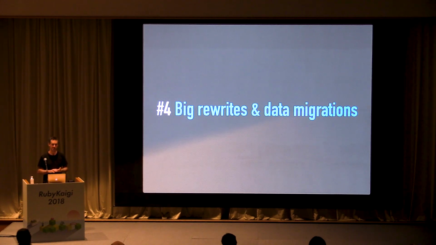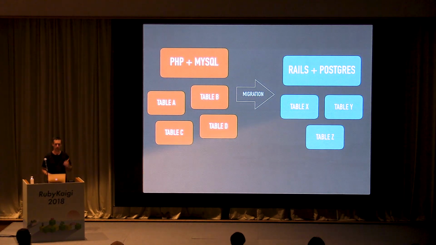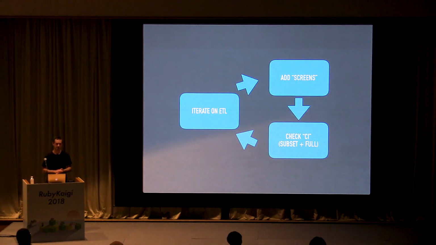Finally, the last use case is big rewrites and data migration. So you have a PHP MySQL setup, and you really want to move to Rails with Postgres, with completely different tables and different concepts. My recommendation for that is that you start the development of the new app, but at the same time, you write the ETL side, and you iterate on the ETL, you add screens.